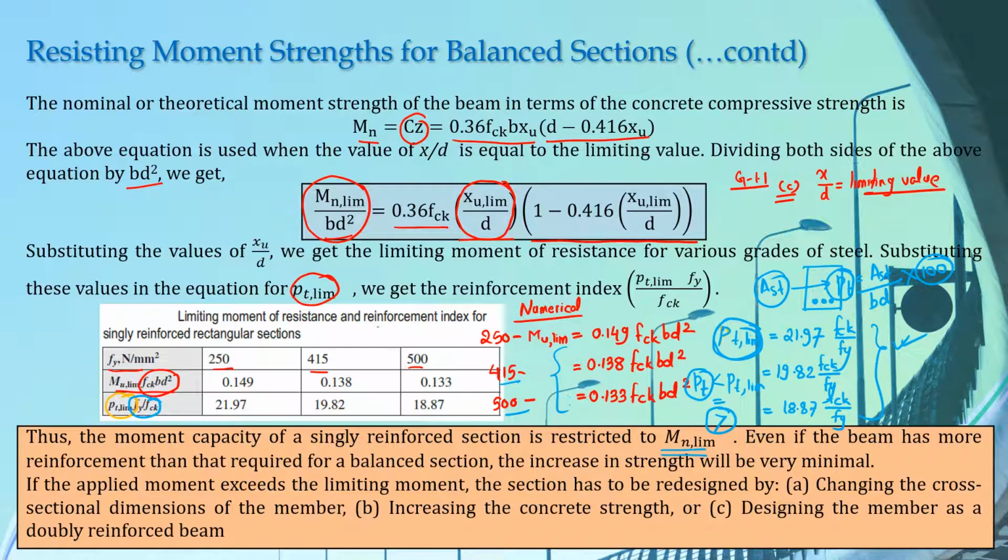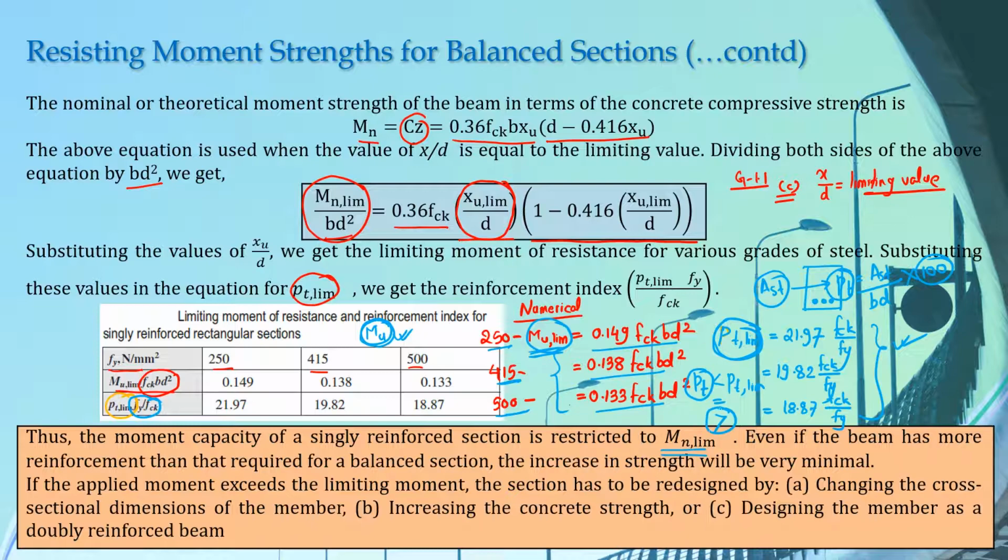So for example, if you are given a certain value of ultimate moment that is coming onto your section, you can calculate the value of limiting moment of your section based on the grade of steel used. If the limiting value of your section is less than the actual value of moment that is coming onto your section, then you will have to redesign the section. But if this acting moment Mu is less than the limiting value, then that beam section can be designed as under reinforced.